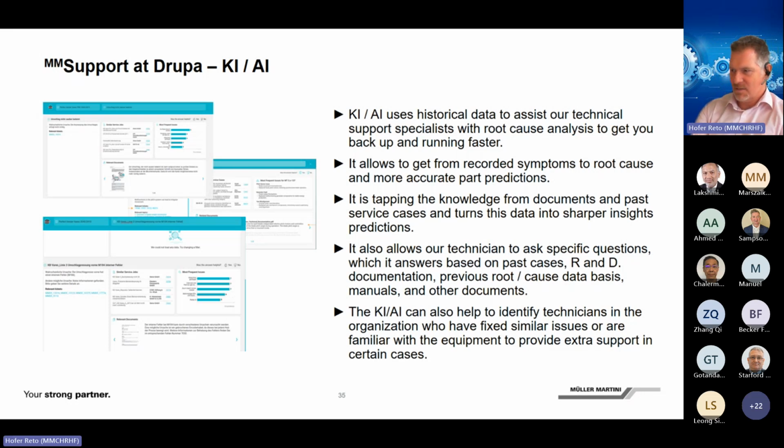So what the system does is we are using the description that is given by the customer and additional information put in by our technical support specialists. And the artificial intelligence is then looking at previous records, data we have stored in documentation, emails, etc., and makes predictions about possible root causes that could cause the problem at the customer.